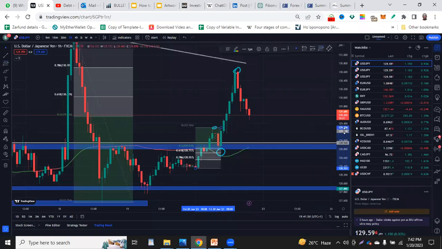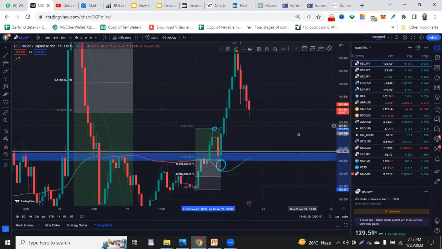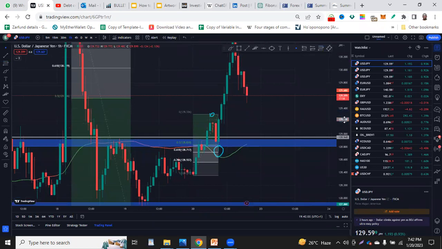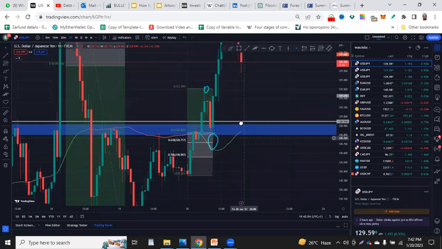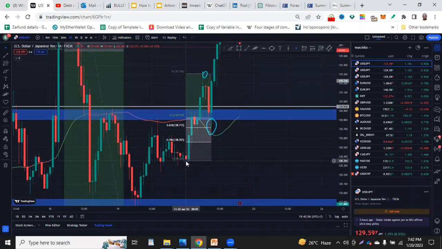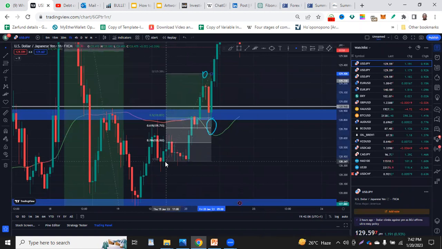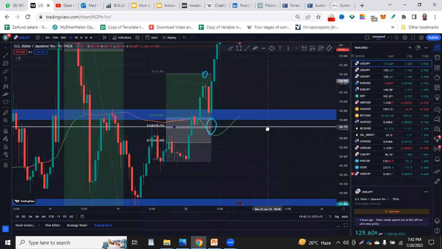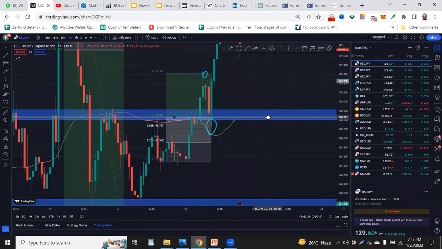Okay, so let's zoom and see where we see the 50% retracement. Where is the 50%? So look at the 50% right here. See the 50%? So you see how price broke out like this, came to the 50%, and it bought from the 50%.